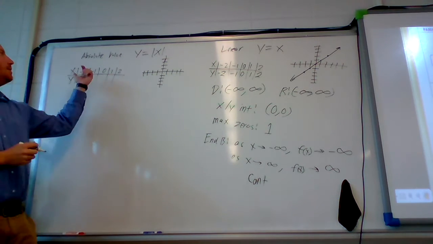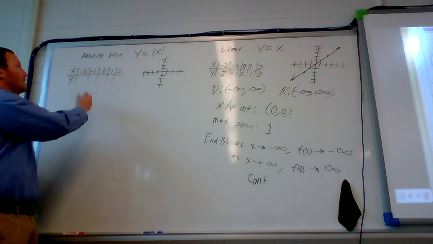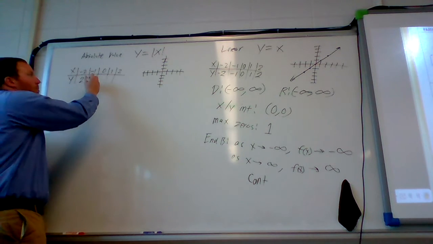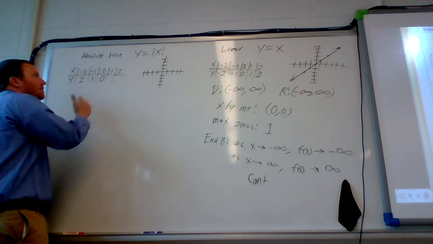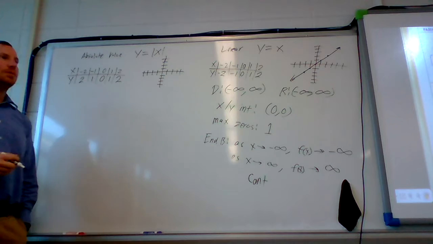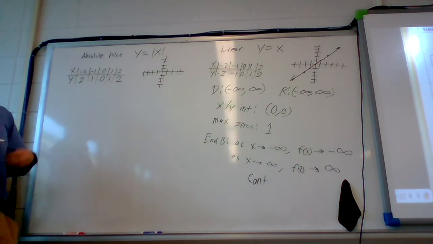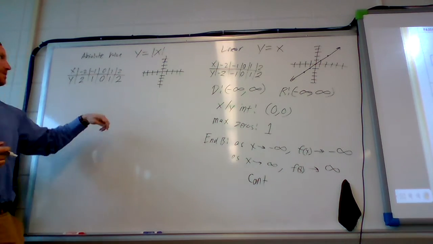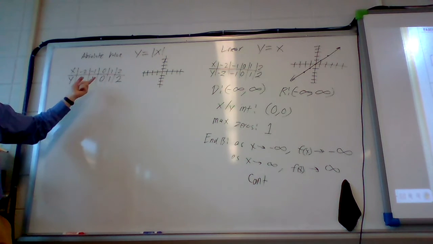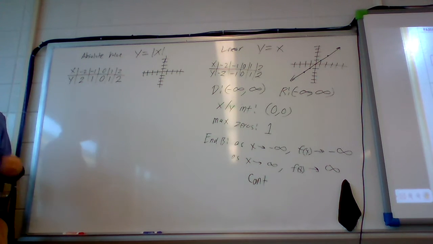Right, the absolute value of -2 is 2. Absolute value of -1 is 1. Absolute value of 0, 0, and 1, and 2, right? Absolute value is referring to distance from 0, so it doesn't matter if you're on the left side or the right side, you're only ever going to get back a positive answer, right? Absolute value cannot be negative.